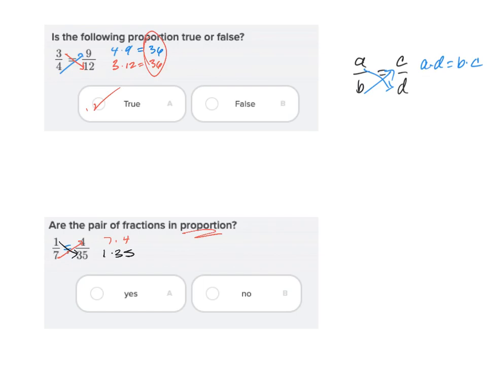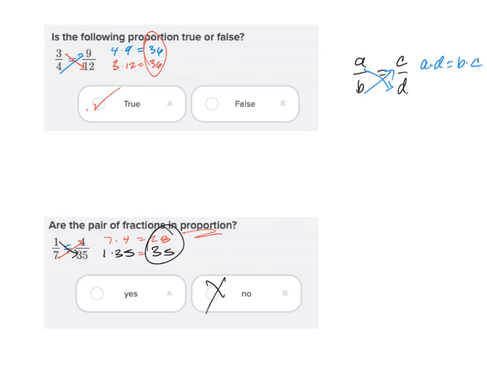Well, 7 times 4 is 28, and 1 times 35 is 35. Well, these two are not equivalent. So since their cross products aren't equivalent, then this is not a proportional relationship.